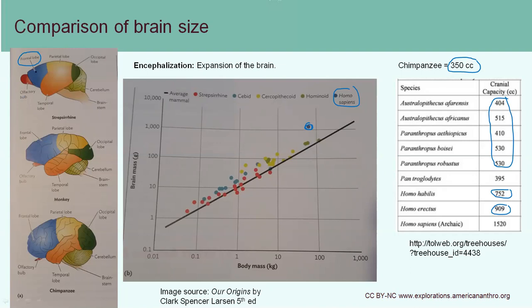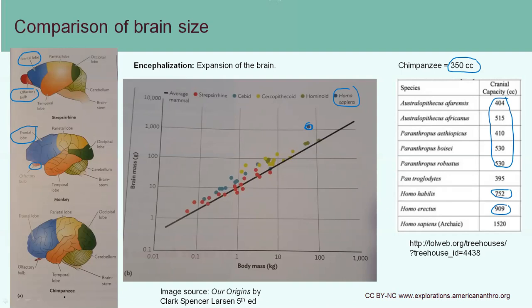So frontal lobe is really important for intelligent decision-making, especially about planning for the future. These other lobes are more like sensory information, hearing, vision. And notice that for the lemur, there's still a large olfactory bulb as well because they do still use their sense of smell. In comparison, when you get to a typical monkey, its olfactory bulb is much smaller, its frontal lobe is much larger, the other lobes are still there as well.